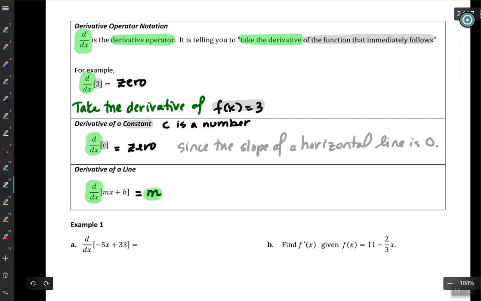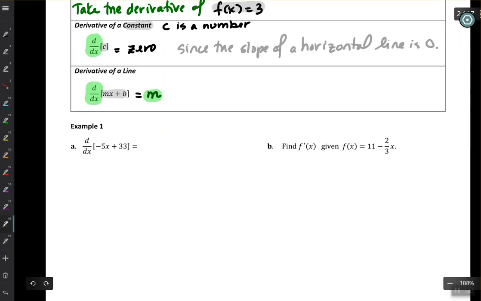So this is just our warm-up, but we're practicing seeing that d dx notation as saying, take the derivative of the function that follows right after.